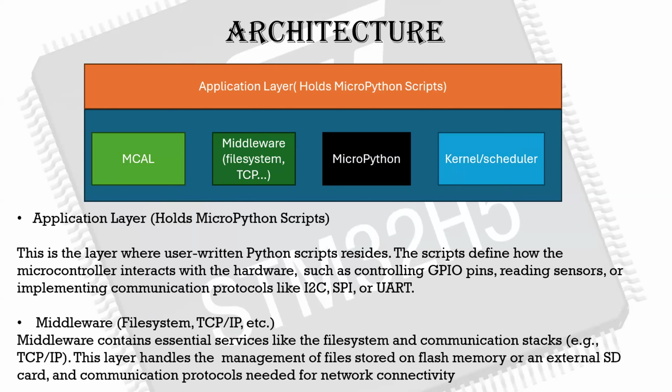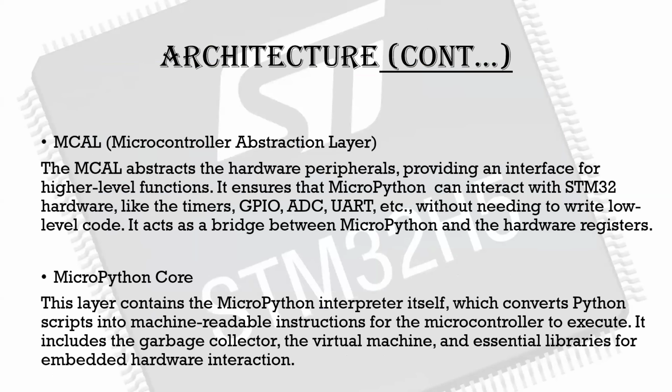Then one of the most important layers is called the microcontroller abstraction layer. This is basically the drivers which help us drive the different peripherals of the microcontroller, for example GPIO, PWM, UART, then USB, Ethernet.